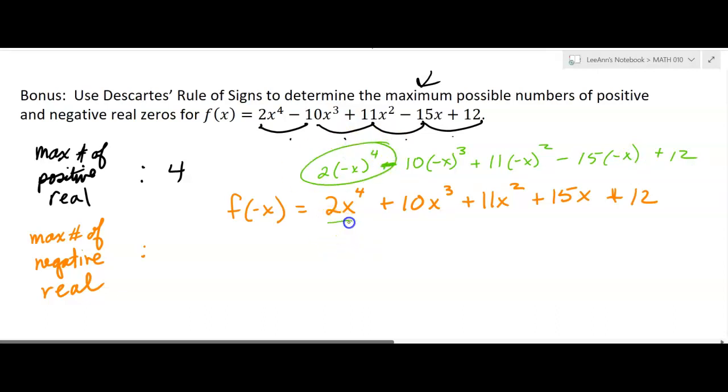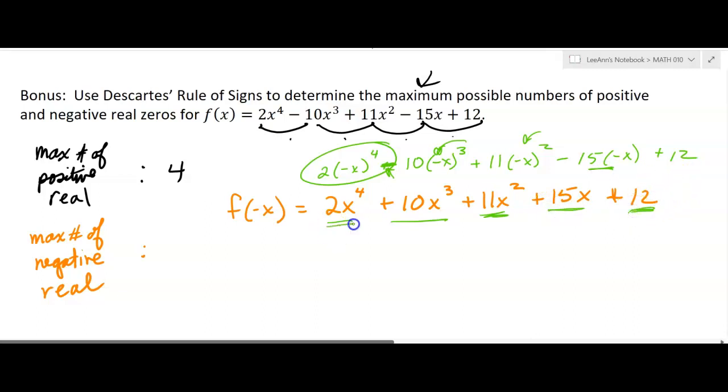It stays 2x to the 4th. But this one is going to wind up being a negative x cubed times the negative, so it becomes positive 10x cubed. This one, when you square a negative, it's going to be positive, so it's not going to change. But this one, you've got a negative 15 times negative x, that's going to change to positive. And then finally, the 12 isn't going to change.